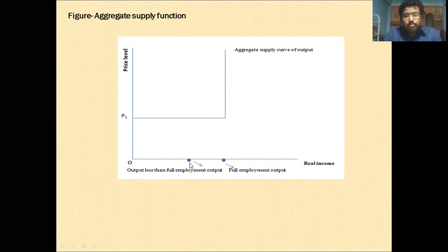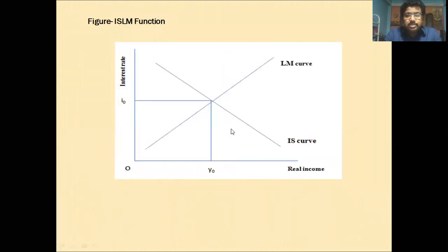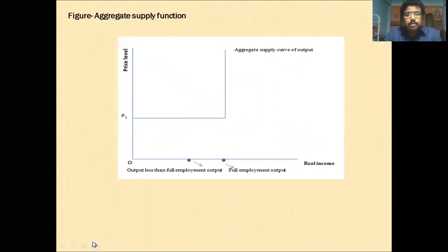This point represents the output less than full employment. From where do we get this point? Look at my previous diagram. This is the equilibrium point. This is y0.